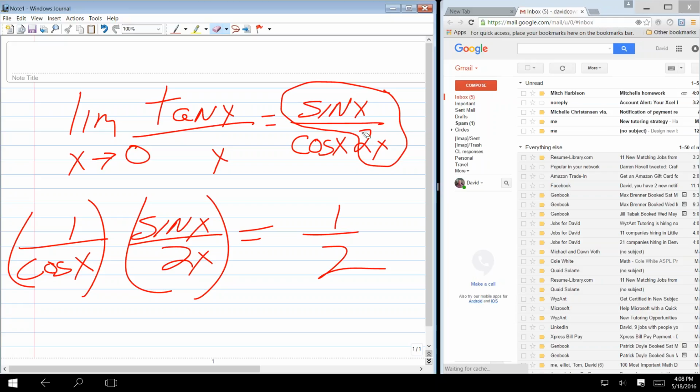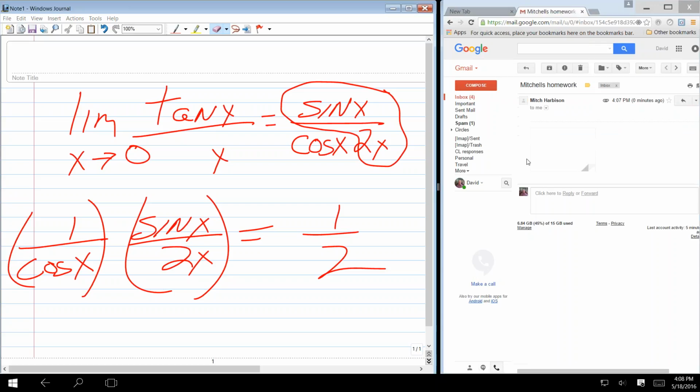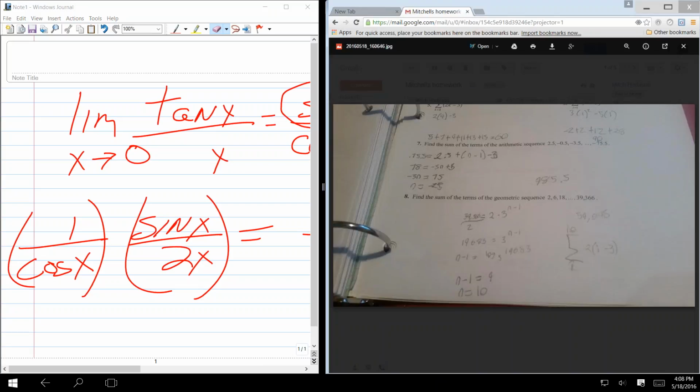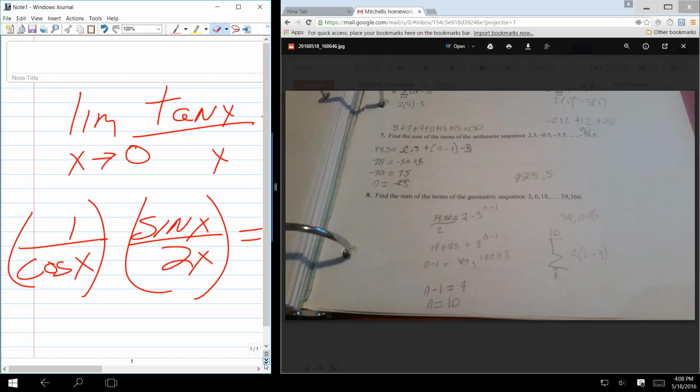all right, let me open up your document here. It's a sequence and series problem. Okay. And I totally forgot how to do them. So Number 7. 7 and 8, yeah. Okay. Find the sum of the terms.